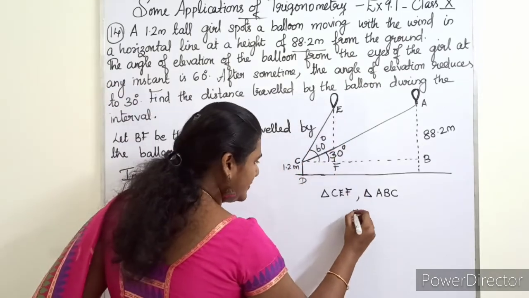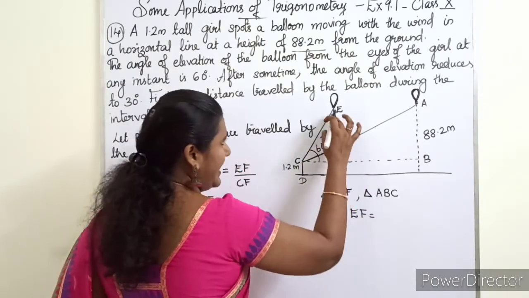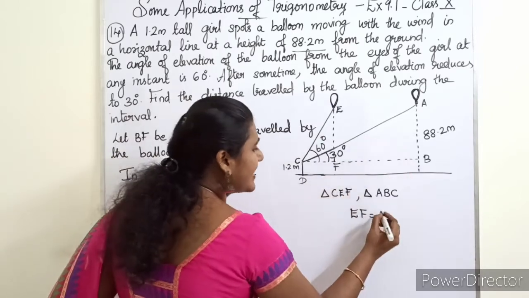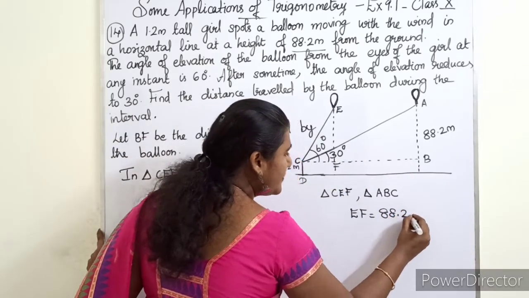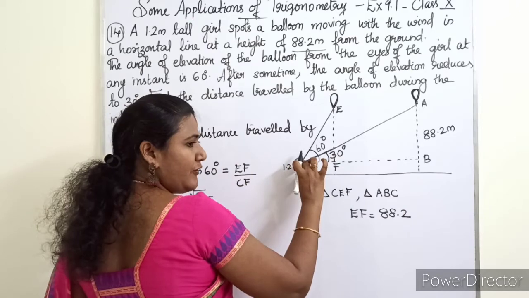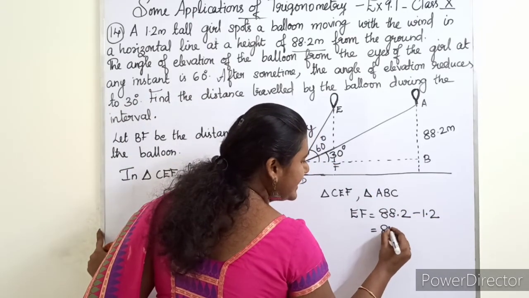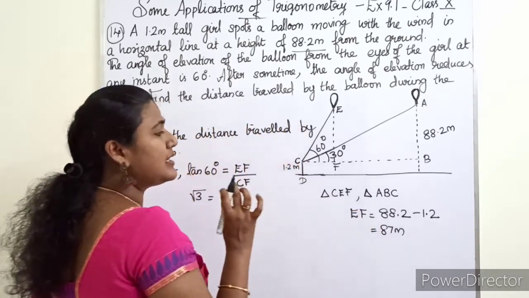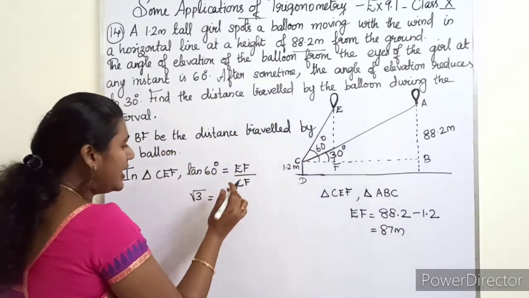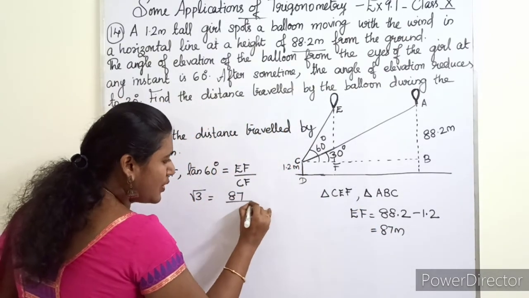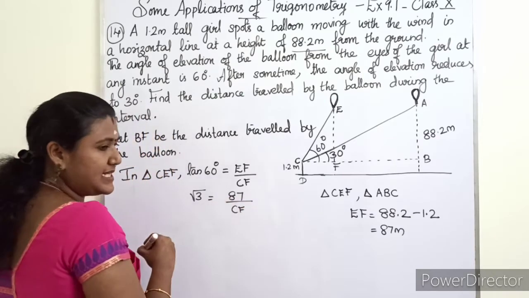Now what is the EF value? The height of the balloon from the ground is given as 88.2 meter, and we subtract the height of the girl, that is minus 1.2. So 87 meter will be the height of EF. So we will substitute: root 3 is equal to 87 divided by CF.